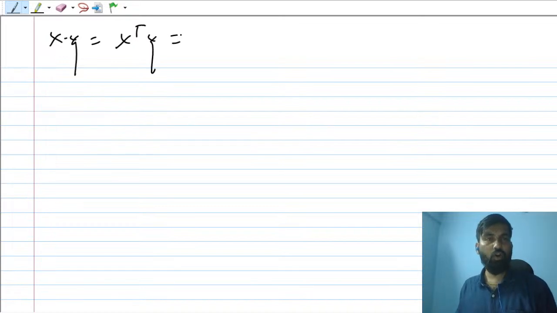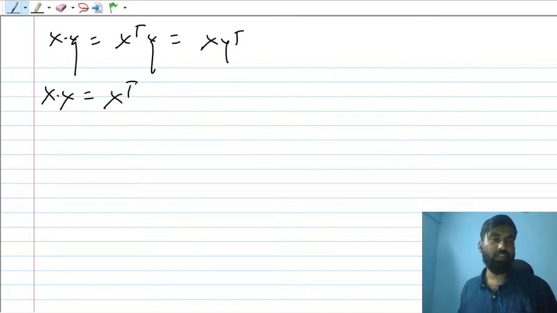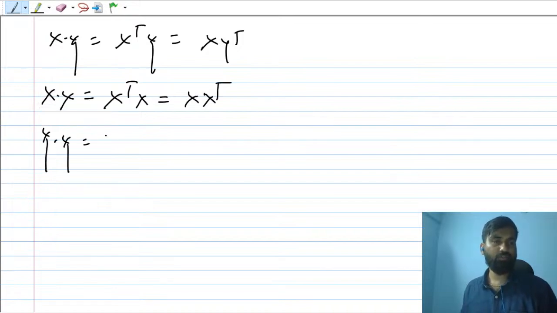So remember, the dot product of two vectors is what, x dot y for two different vectors, x transpose y or y transpose x, both are the same, and x dot x, suppose you want to find, so it is x transpose x. Suppose you want to find y dot y, so you can write this as y transpose y.